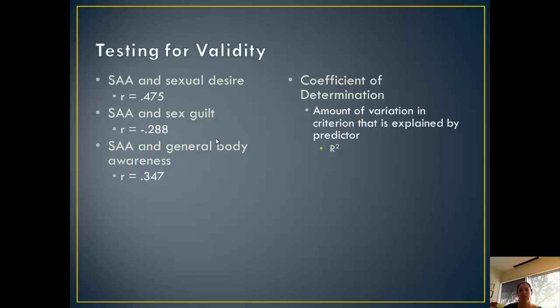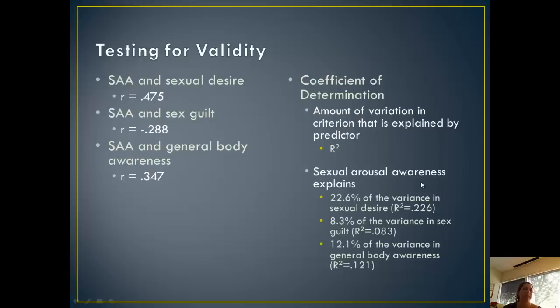In this case, our criteria are our validity tests that are predicted by our predictor, our new test of a psychological construct. The coefficient of determination is just R squared, a squared R. So let's see what that looks like.